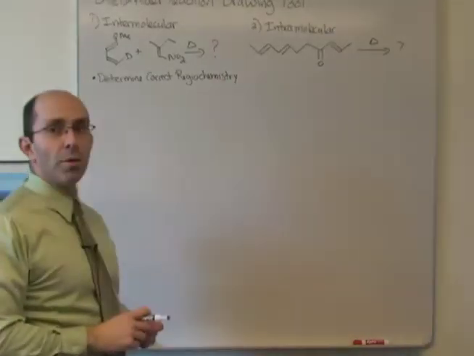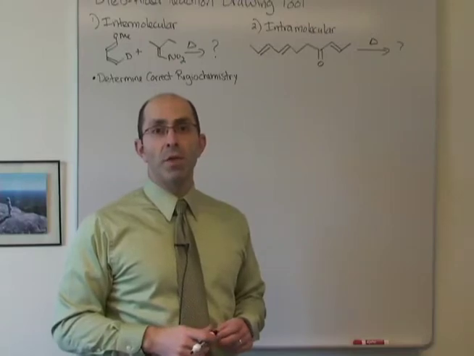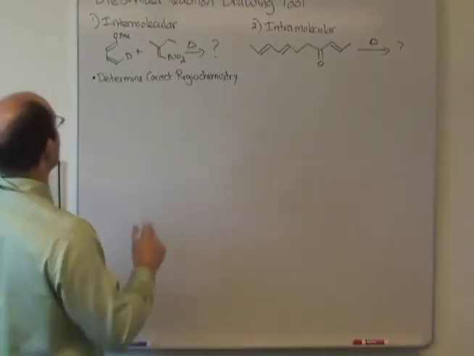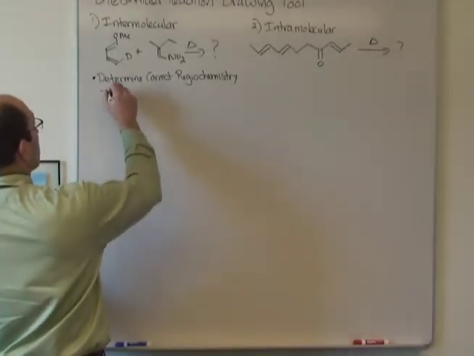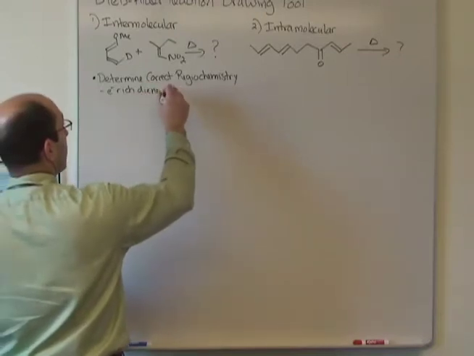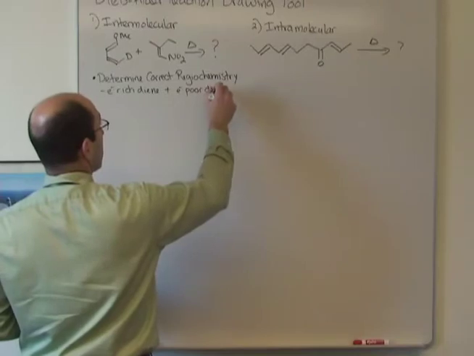And as always, we're going to find the most electron-rich atom of the diene and make sure that reacts with the most electron-poor atom of the dienophile. So again, electron-rich from the diene plus electron-poor from the dienophile.